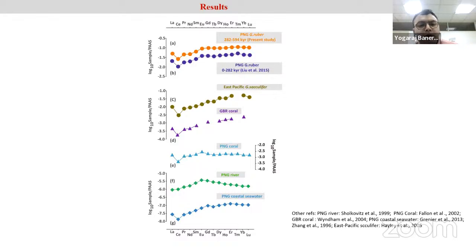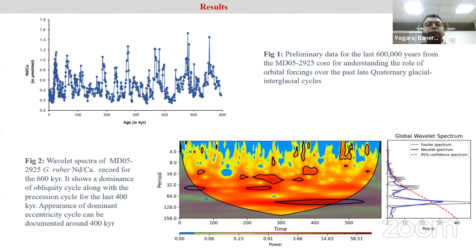So both these orange color data points and the blue color data points are similar. That indicates the source was constant throughout the last 600 kilo year.